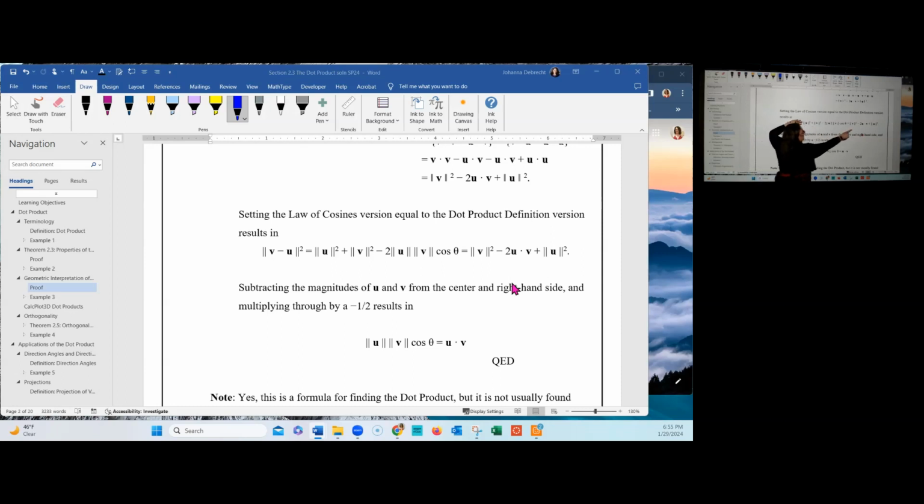And then I've got a negative 2 here, so I can divide by the negative 2, and I end up with u dot v as the magnitude of u times the magnitude of v times the cosine of the angle in between them. And the QED, by the way, stands for quod erat demonstrandum, which means that which has been demonstrated, or enough has been shown to prove it. So it basically is a marker for the end of a proof.